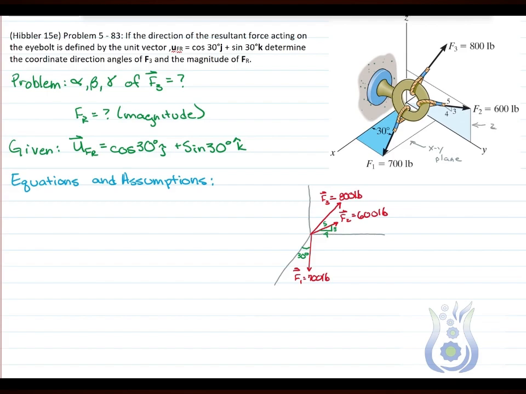So the equation that we'll be using is the vector resultant force is equal to the magnitude of the resultant force times the unit vector of our resultant in the direction of our resultant force.